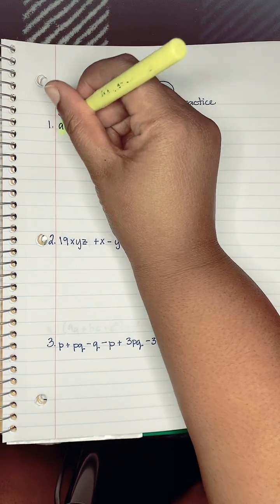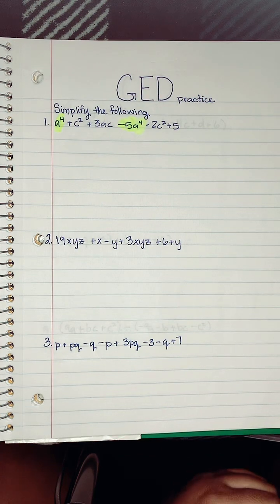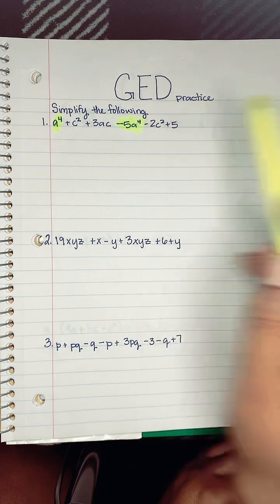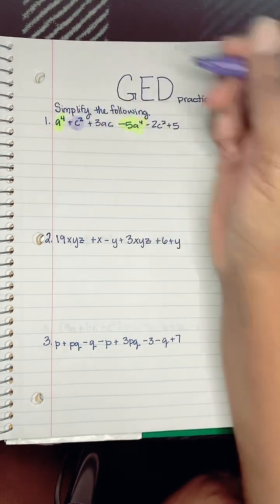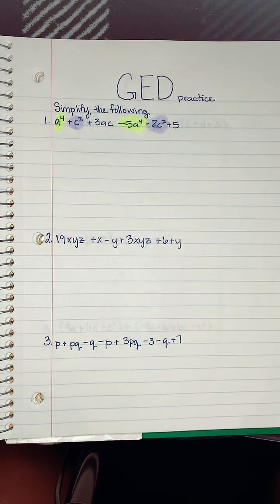We have an a to the 4th, a negative 5a to the 4th. Remember, like terms are when they have the same letter and the same exponent. We have a plus c to the 2nd, negative 2c to the 2nd.